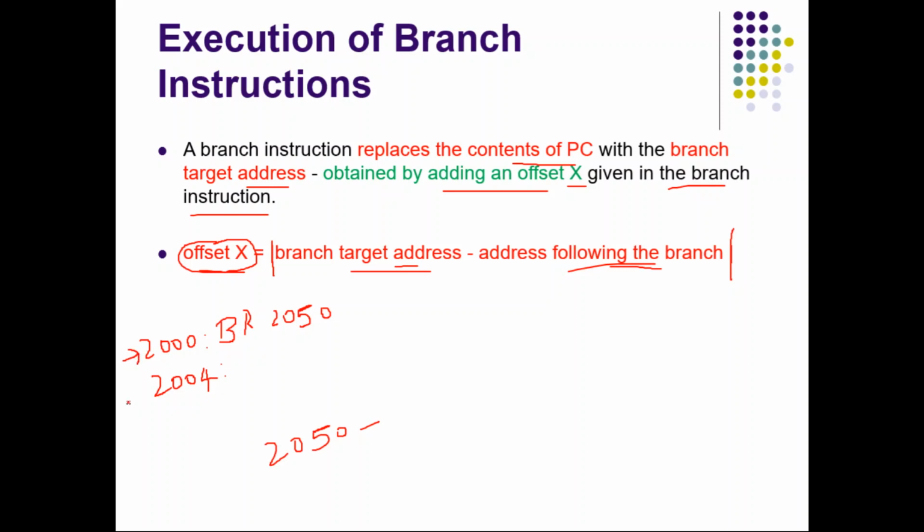The address that follows the branch instruction is 2004. So 2050 minus 2004 is what? The result is 46. It is not 2046, it is just 46.